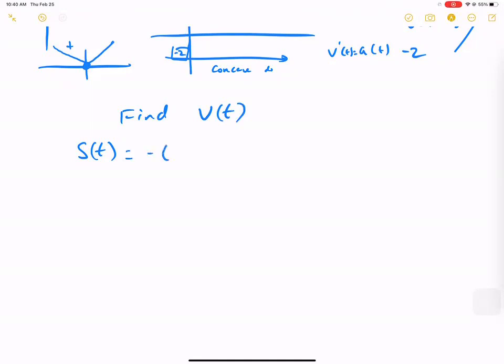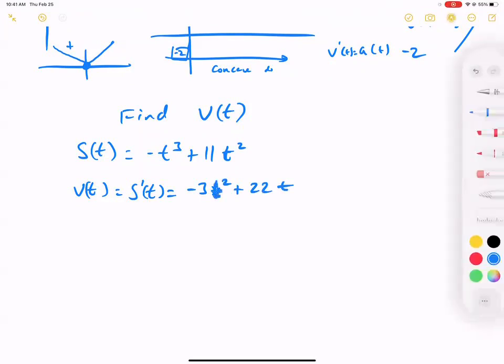That's up to you to realize that there's a relationship between the position and the velocity function. Okay, so if I ask you find velocity, well, this is really the derivative of our position function. This is going to be -3x squared plus 22t. Oh, sorry, that's a t. I was right. X in my brain.